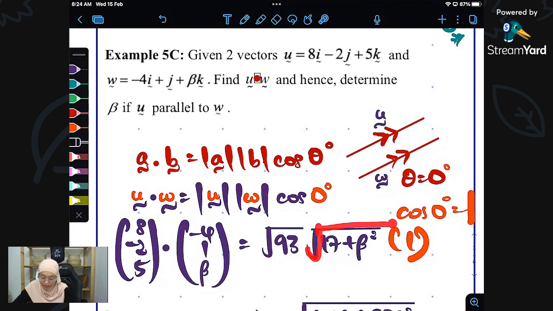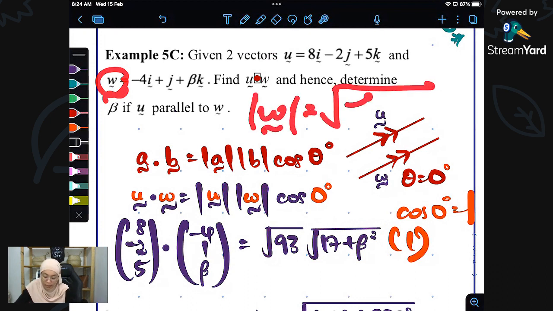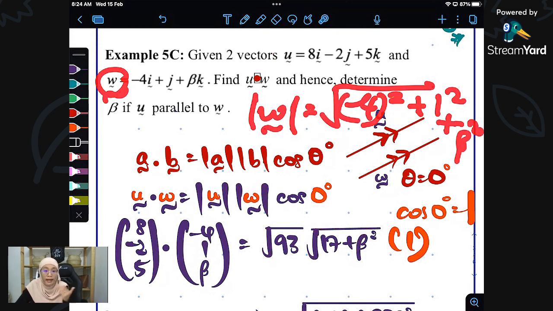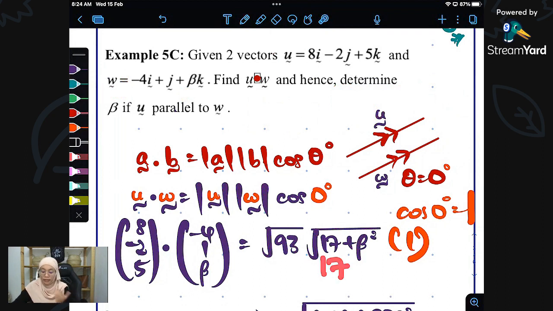Manakala square root of 17 plus beta squared disebabkan of this w vector punya apa? Punya magnitude, di mana negative 4 squared tambah 1 squared tambah tambah apa? Tambah b squared. Sorry, beta squared. Beta is a constant that we do not know. So dapatlah 17. Okay, tambahkan dengan beta squared di dalam square root. Square root adalah magnitude lah, formula magnitude.